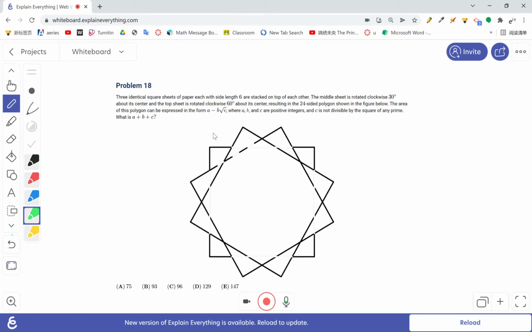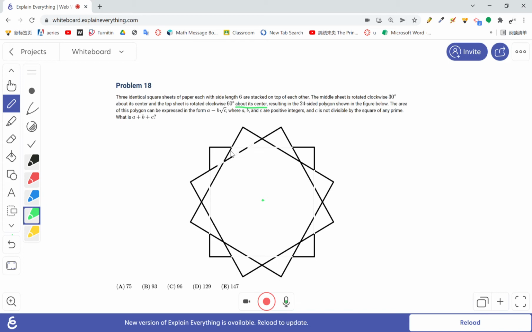So first, we see that it's rotated about its center, which means all the centers of the three squares are the same point. So now what do we do here? It looks like it's formed by a lot of tedious areas, such as this, and it's literally impossible to find the areas manually.